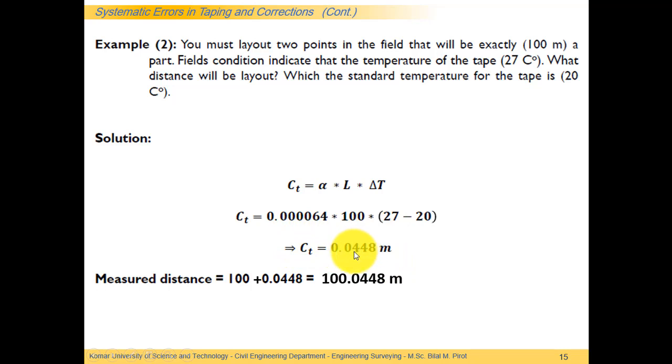Now what is the true length of the line? As you see, due to the increase of temperature, the length of the meter has been increased because the temperature is higher than the standard temperature. So the tape has been lengthened.